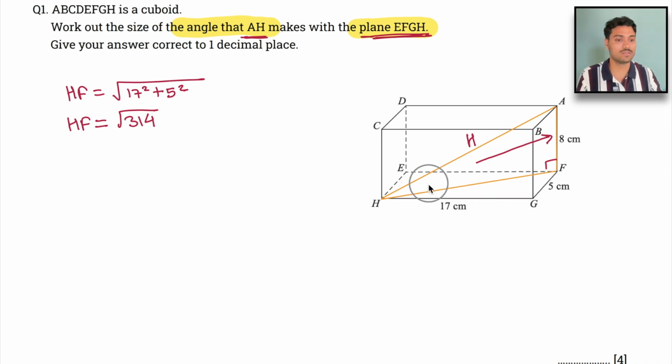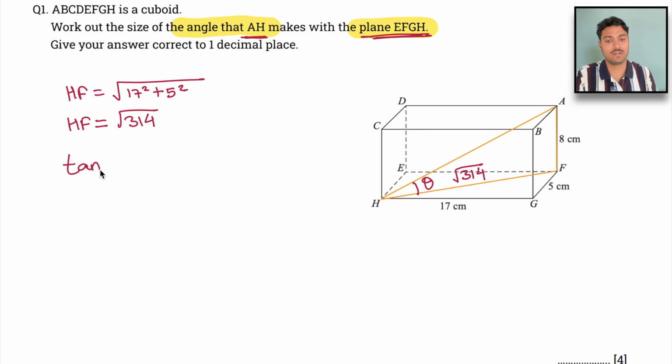So this is root 314, and we have to find the value of theta. We have the adjacent and we have the opposite, so here we'll use tan theta. Tan theta is opposite upon adjacent. Let's write this down. Tan theta is equal to opposite, that is 8, divided by adjacent, that is the square root of 314.